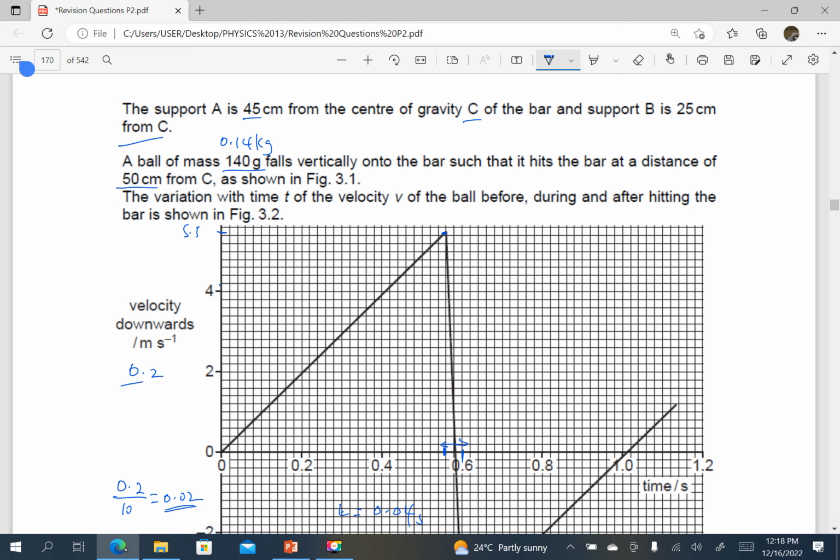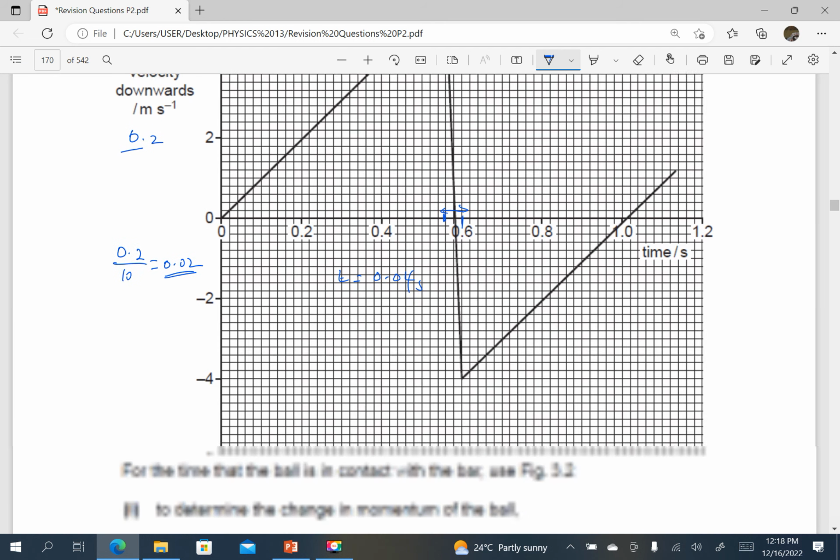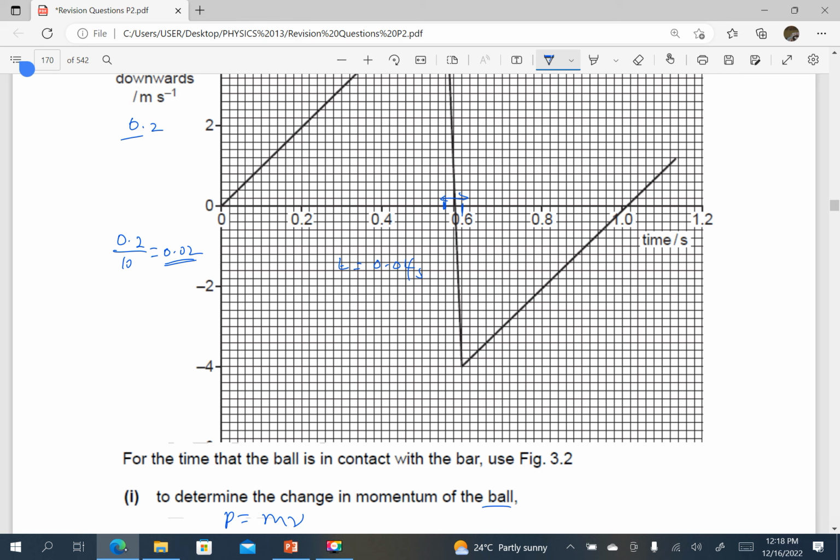So 4.2, 4.4, 4.6, 4.8, 5, 5.2, 5.4, 5.5. So that velocity is 5.5 up. Then at the bottom it is exactly -4.